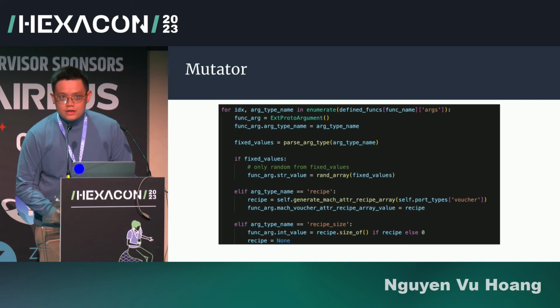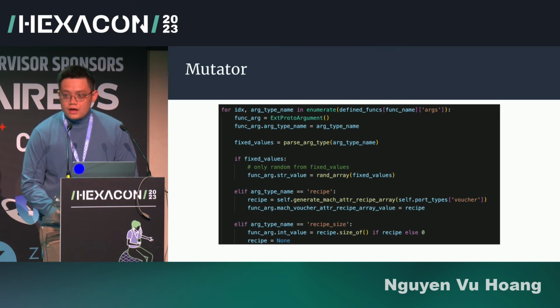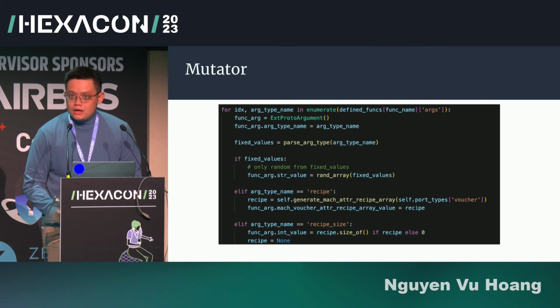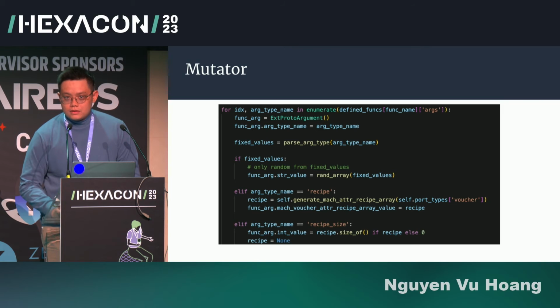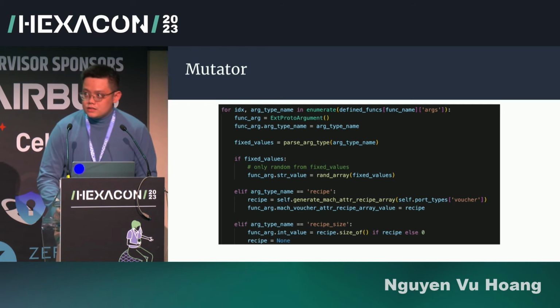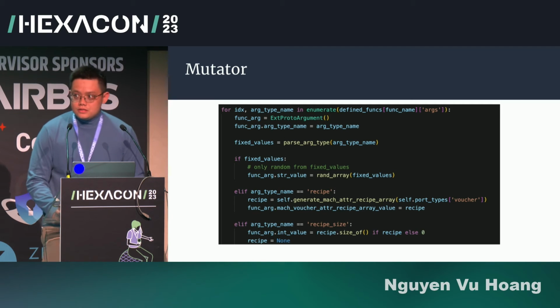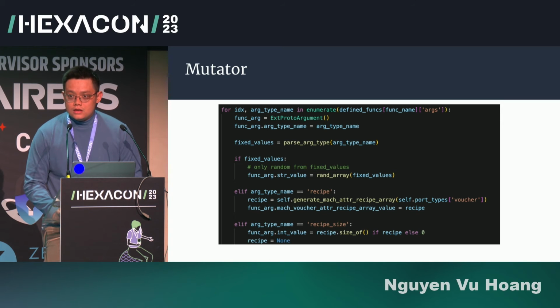So how did it look like? For the first strategy, I just simply walk through the definition type I define in the C template, and I wrote a specific mutation for each type of value, and then I mutate it. And for the second mutation, I just simply randomly swap the order of those functions in the product test case.